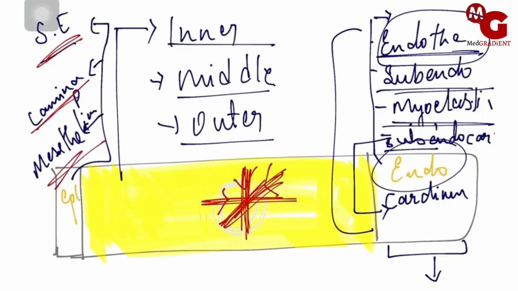I want to speak a bit more about the subepicardial layer. This layer is adjacent to which layer? The myocardium. It is a strong layer of loose collagenous connective tissue with a significant amount of fat for the reduction of friction and shock absorption.